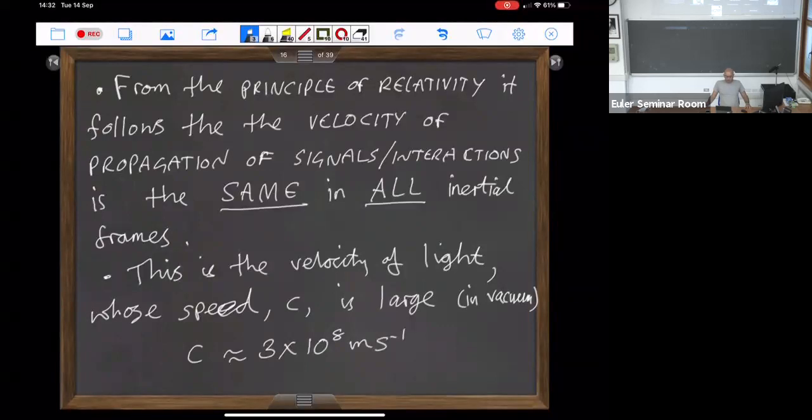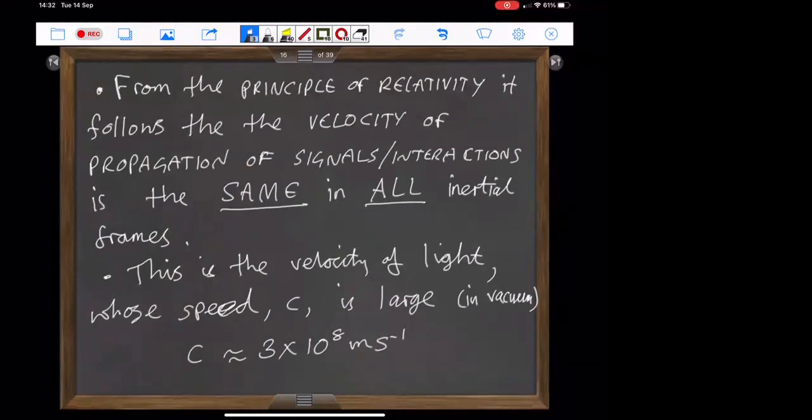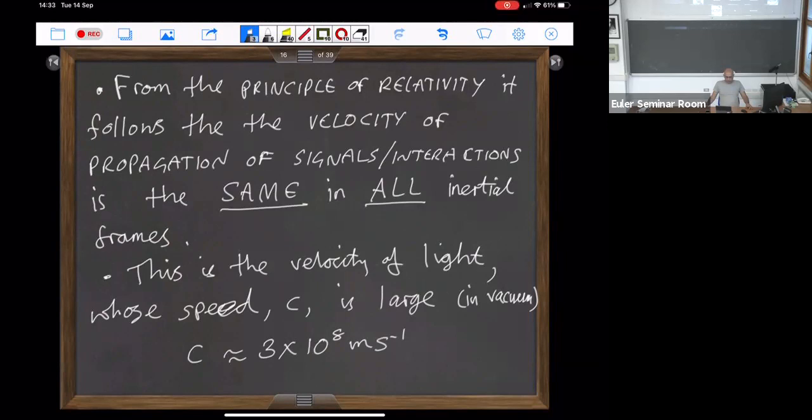And from the principle of relativity, since the laws of physics have to be the same in all reference frames, it means that the velocity of propagation of signals must be the same in all inertial frames.